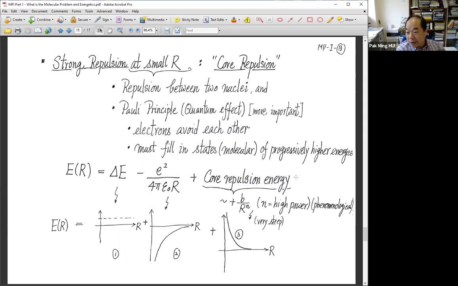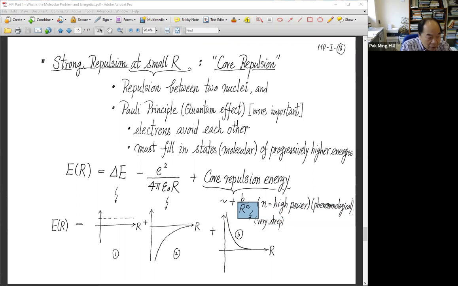This part, at this level of discussion of ionic bonding, is usually treated phenomenologically, using experience or experimental fact. It is very steep. So it goes like plus, meaning repulsion, a constant over r to a very high power.